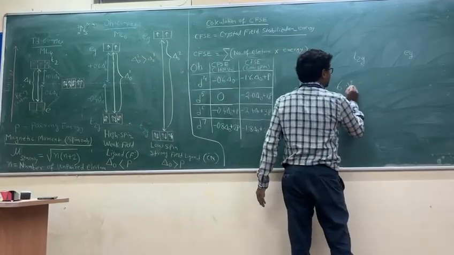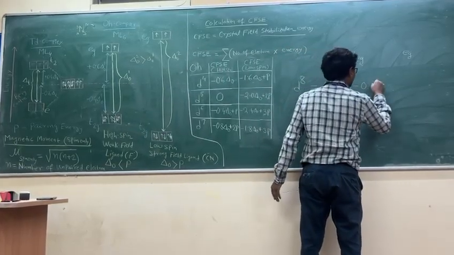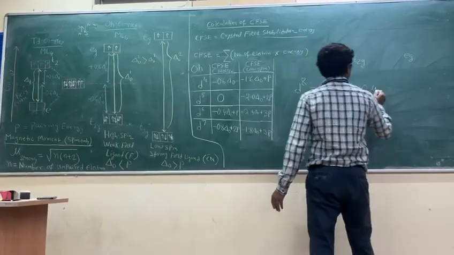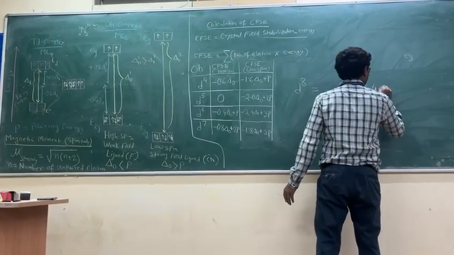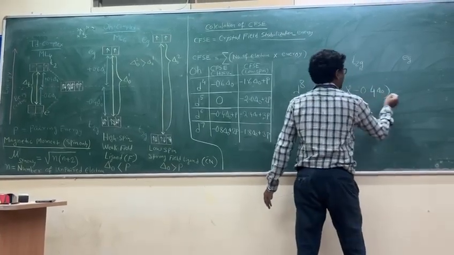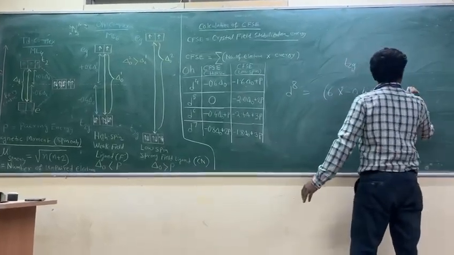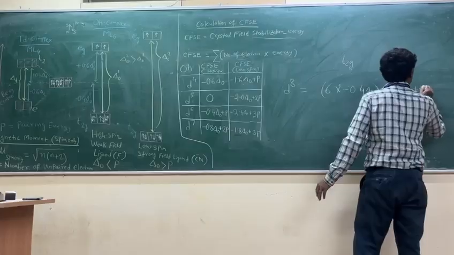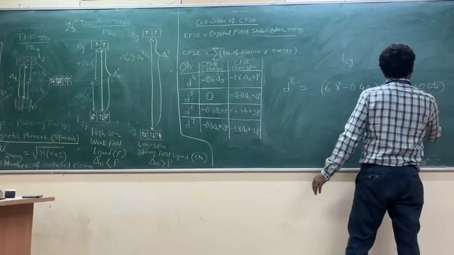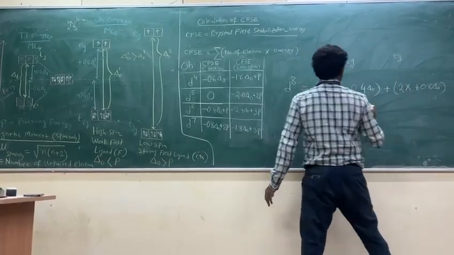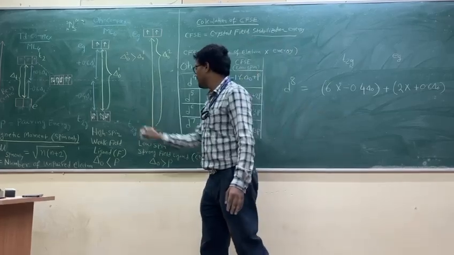So 6 into minus 0.4 delta O, plus in the EG level there are 2 electrons, 2 into plus 0.6 delta O. Okay. And here the total number of pairings is only 3 pairings.